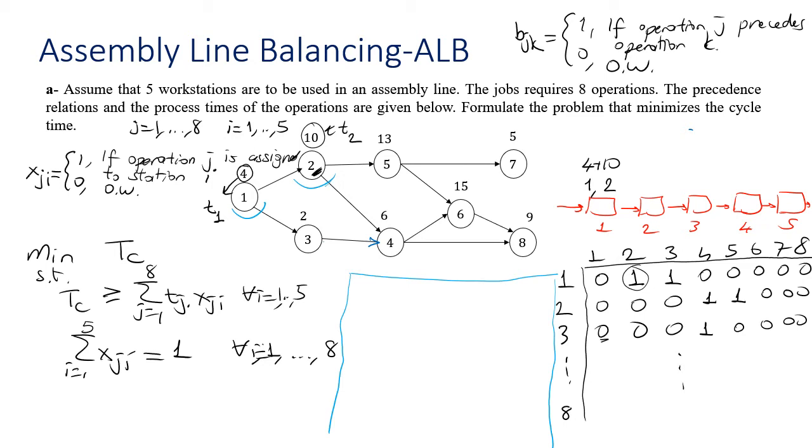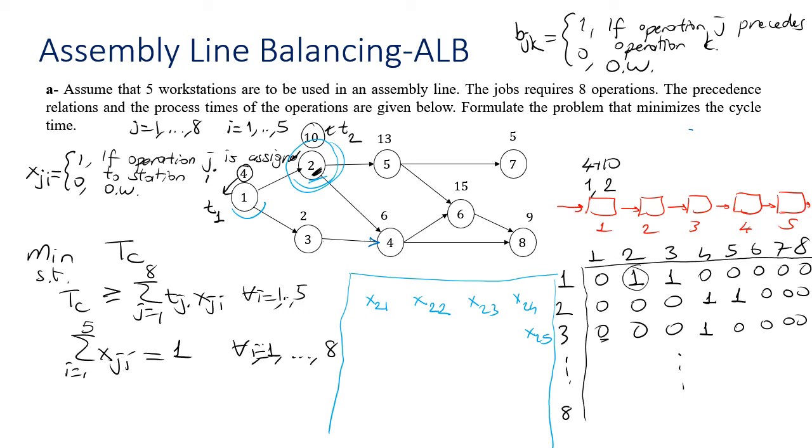In order to find the station that task 2 is assigned to, I can do this. x21 represents if task 2 is assigned to station 1 or not. x22 represents if task 2 is assigned to station 2, x23 if it is assigned to 3, if it is assigned to 4, and if it is assigned to 5.